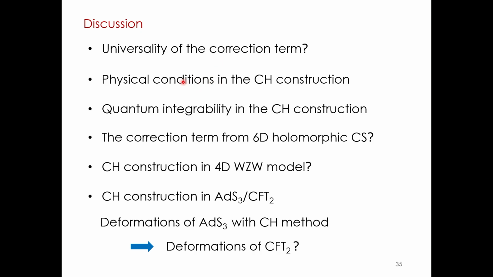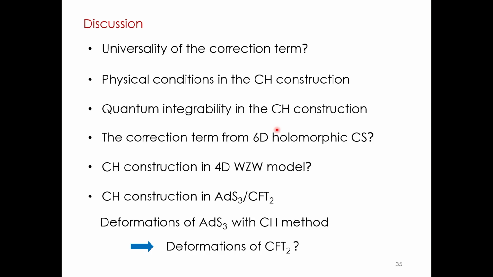So probably we need to impose some physical conditions, and consider the meaning of these conditions in the context of two-dimensional integrable models. We are interested in quantum integrability as well in the Courant-Hilbert construction. Of course, the Courant-Hilbert construction includes TT bar deformations and root TT bar deformations.